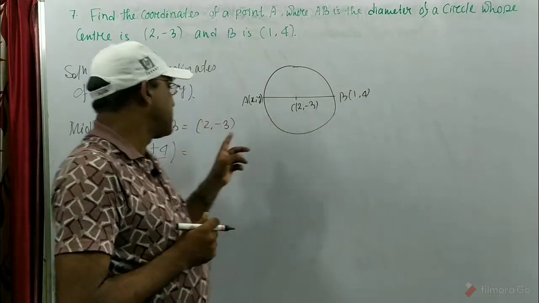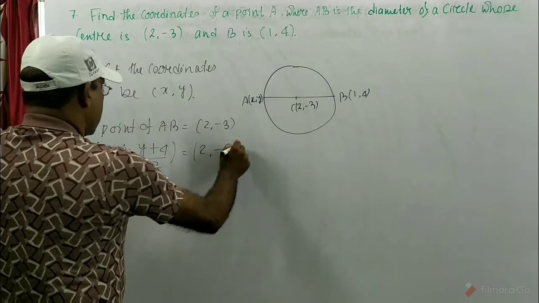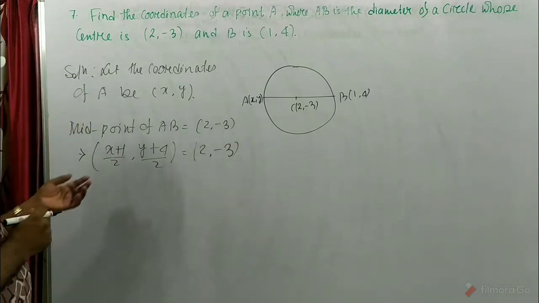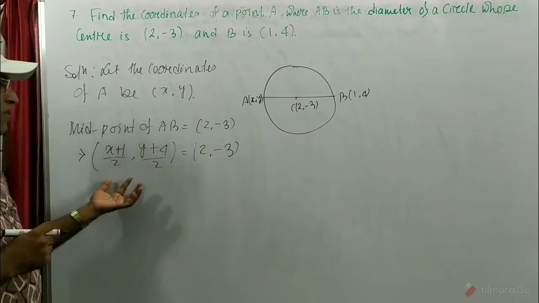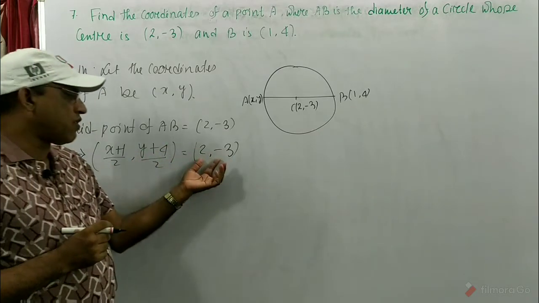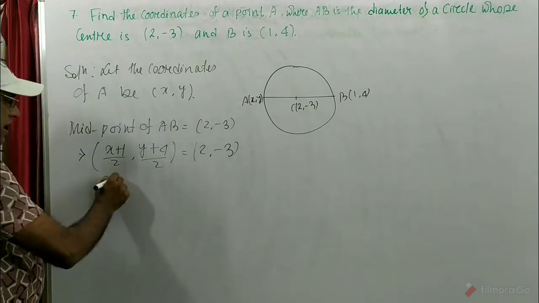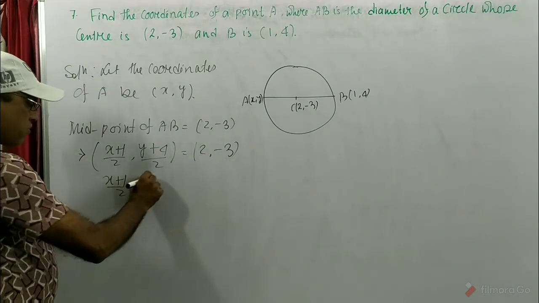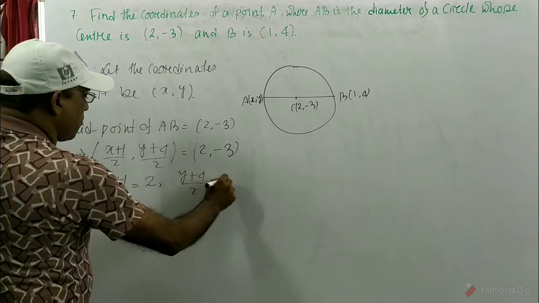But this midpoint, the center, is (2, -3), given. Now if we equate, this is an ordered pair and this is another ordered pair. Two ordered pairs are equal if the first element equals the first and the second equals the second. So we get (x+1)/2 = 2 and (y+4)/2 = -3.